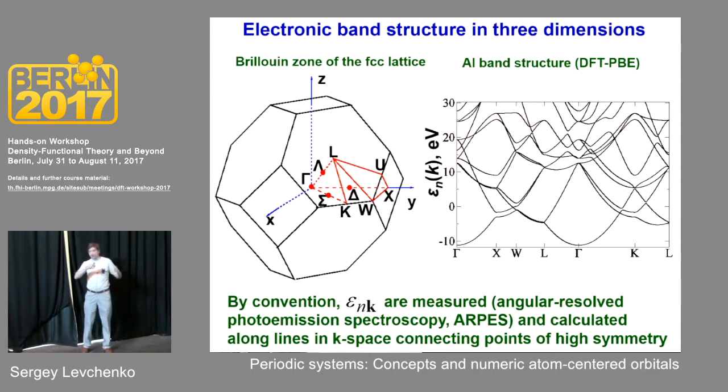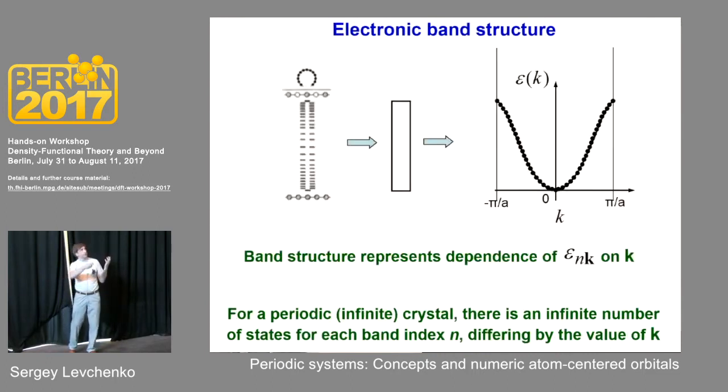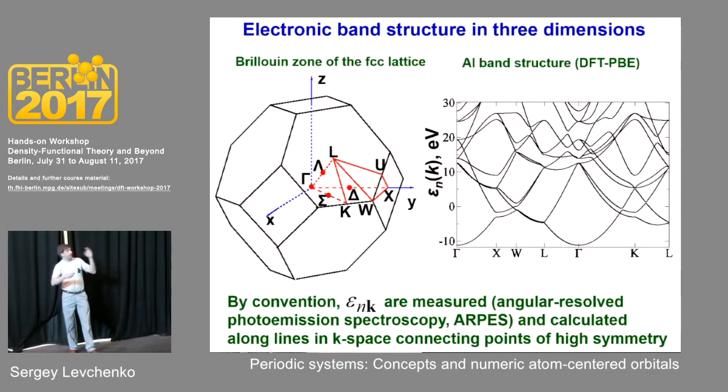Here is an example for the three-dimensional case. In the three-dimensional case, this energy is a function of three components of the k vector. So it cannot be represented as conveniently as here. But what is done by convention is that we take the Brillouin zone of this three-dimensional crystal, and then we choose a path in this Brillouin zone, and we go along this path and calculate the electronic states along this path.